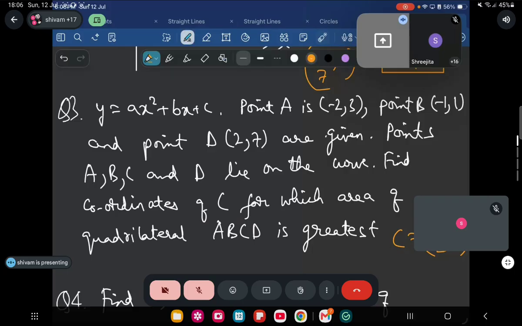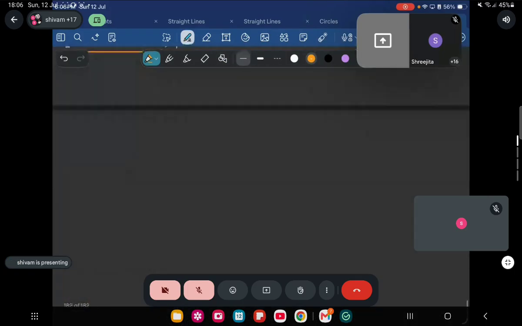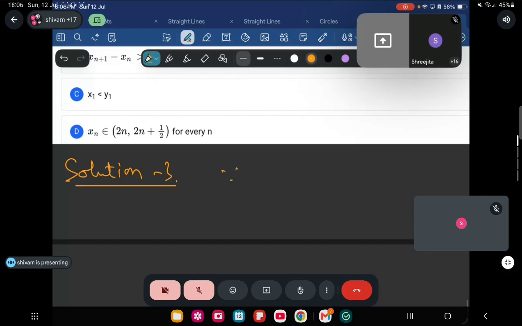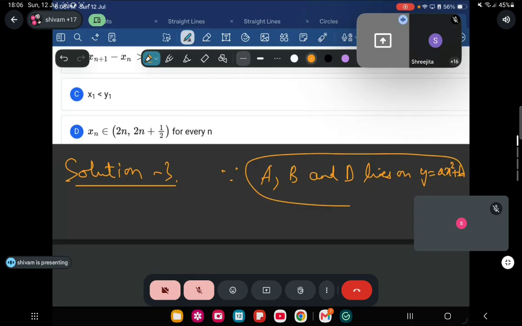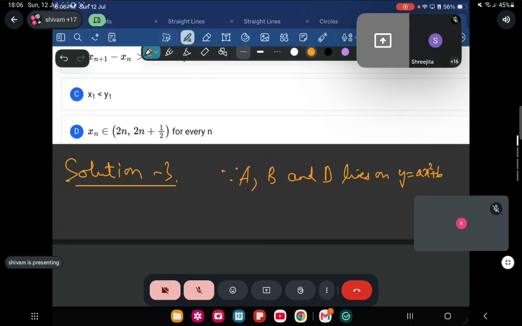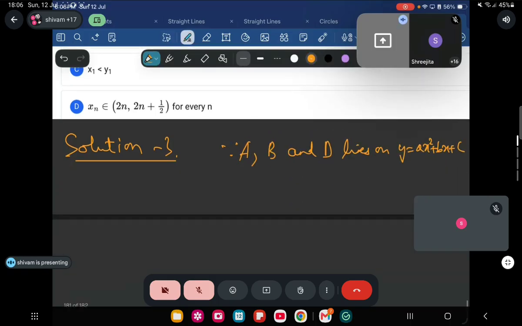Are you getting? Since A, B, and D lie on y equal to ax square plus bx plus c, yes, we'll get 3 equations in 3 variables. We can substitute, yes or no? So let us substitute.